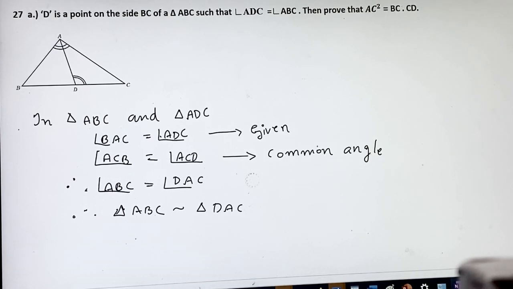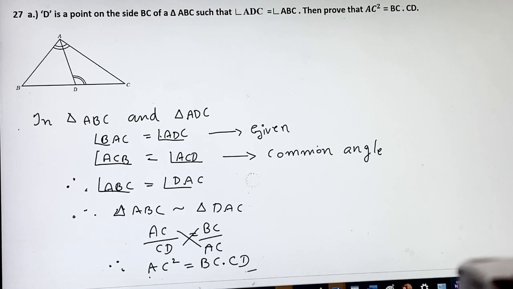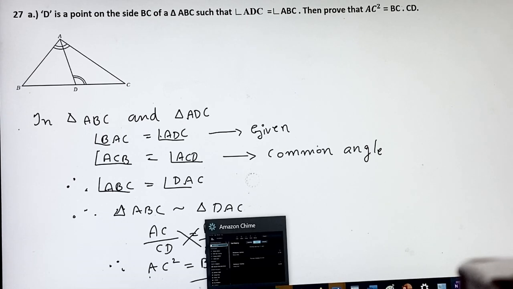Now if this is similar, then we can write the sides: side AC by CD is equal to side BC by AC. If we cross multiply this, we get AC square is equal to BC into CD. So now we have proved that AC square is equal to BC into CD.